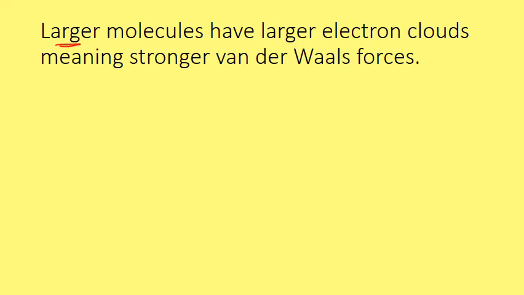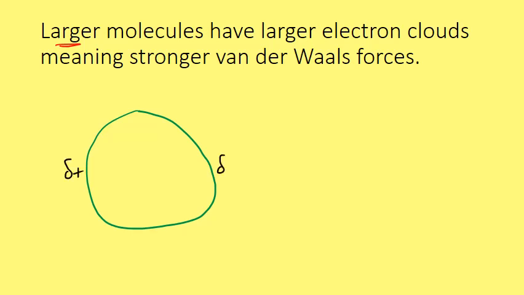Let's just draw that. Draw a picture. Let's say you've got a large charged cloud. You can see that there's a greater potential for a difference in charge between each end of the molecule if it's large, compared to if it was just a small molecule.